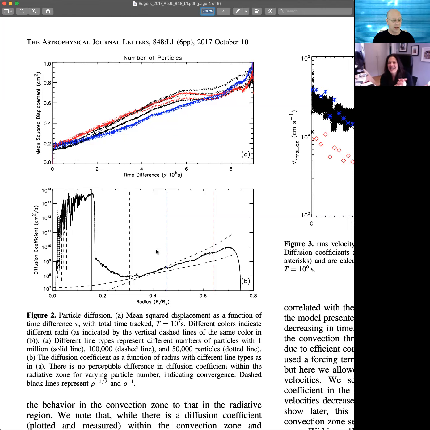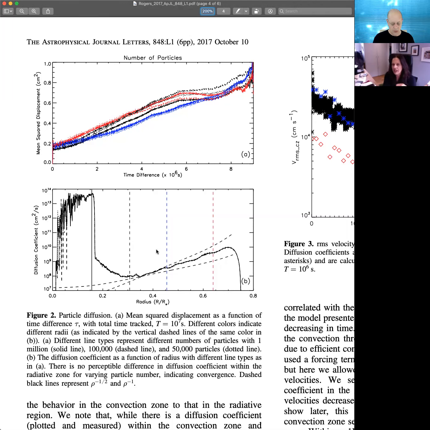Convection doesn't behave like diffusion. So this is only within the radiation zone. Those colors represent 3 different radii within the radiation zone, which are reflected in part B of that figure.